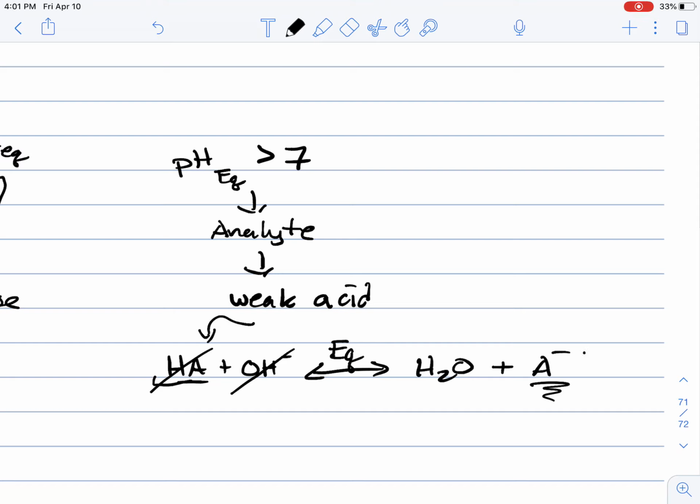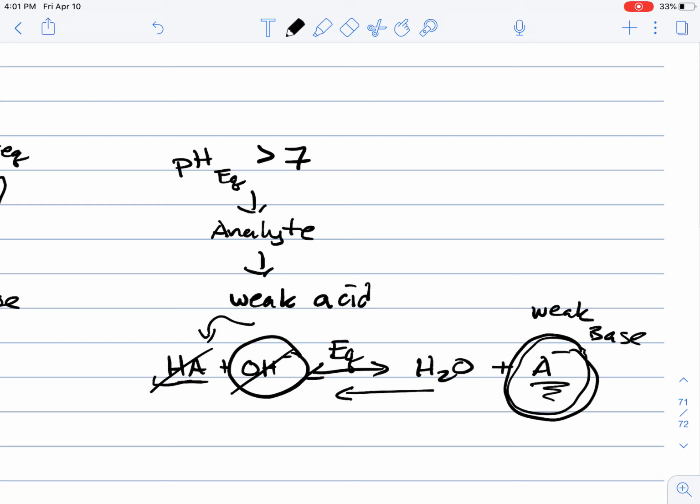And since this conjugate base is a weak base, some fraction of it is going to go in the reverse direction, producing some hydroxide. And so that's going to make our pH more basic at the equivalence point.